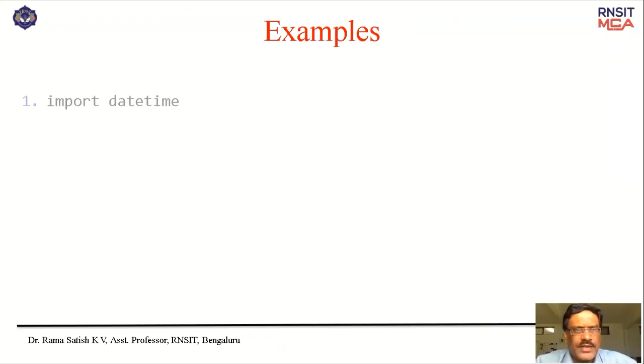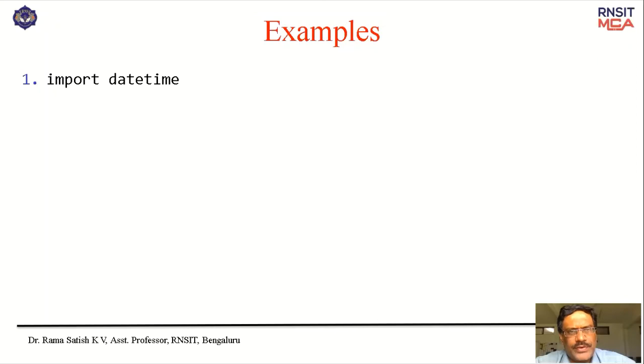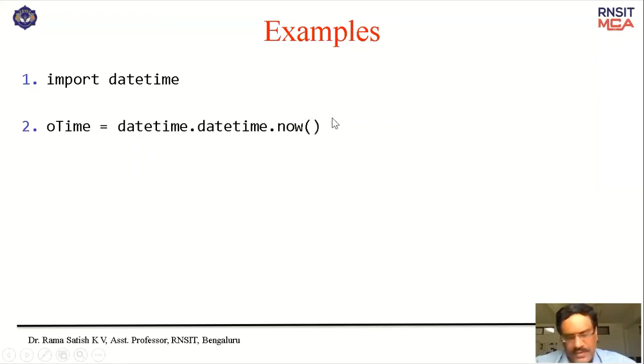First, let me generate a calendar. There is a module called datetime; we import it and create an object called time with datetime dot now. So we are getting the current date and time, and we print that date and time.